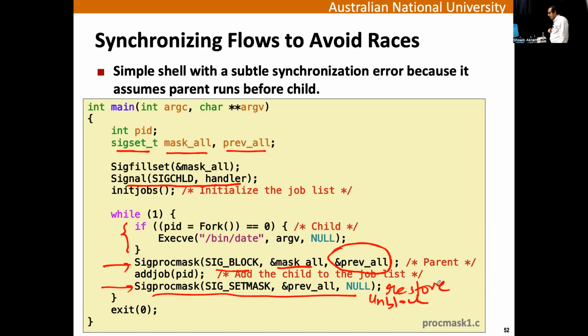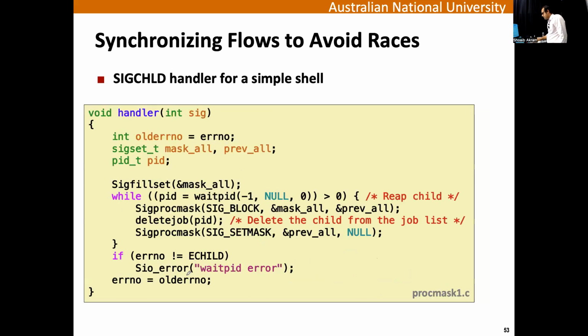So the parent, after forking the job, is adding the job's PID to a data structure. I'm not showing the whole code, just the function. And the child handler deletes the job. So the child handler blocks all the signals, deletes the job, and unblocks all the signals.